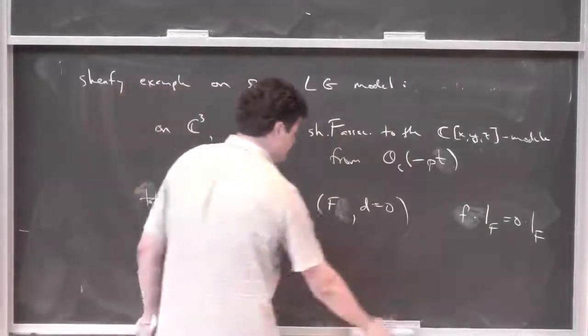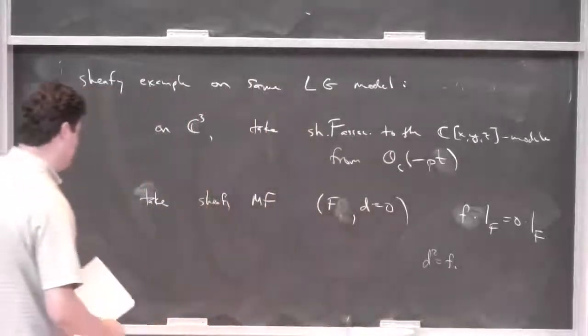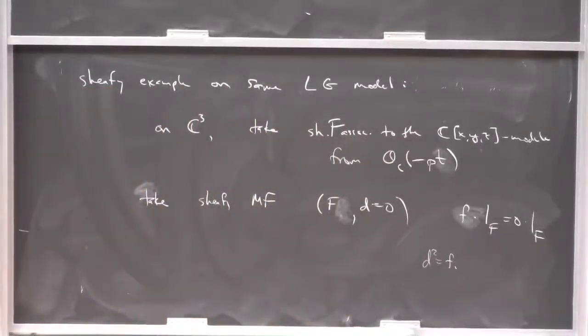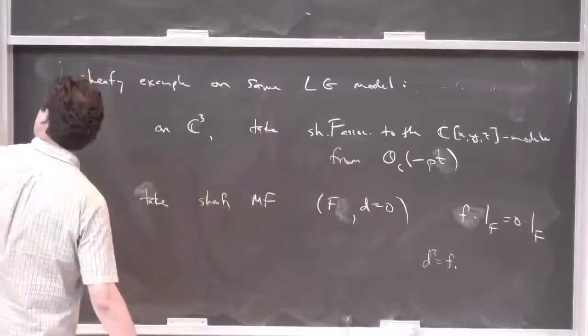So indeed, D squared is F. Ultimately, I'm not sure that I'm going to get to it in this hour, but I do want to convince you that with whatever sort of killing of quasi-isomorphisms we do, this becomes isomorphic to that.